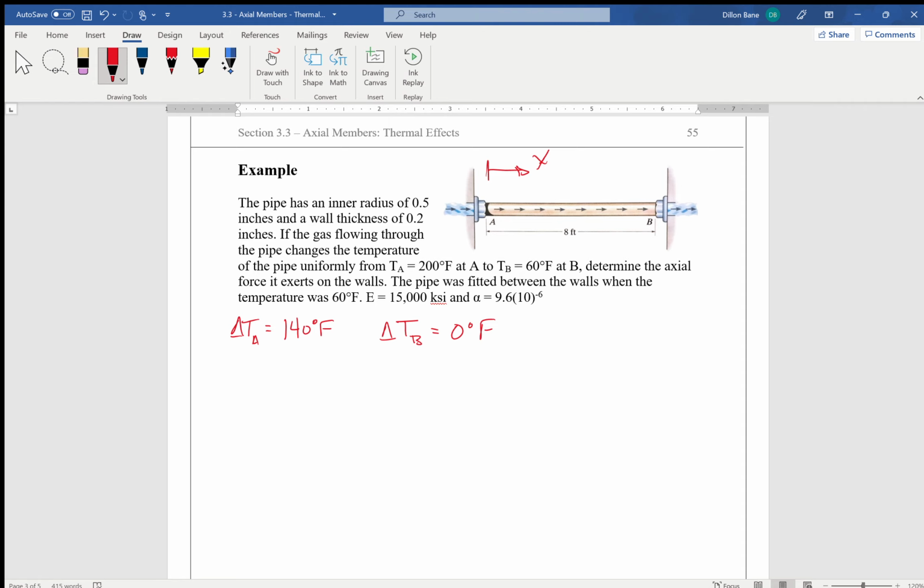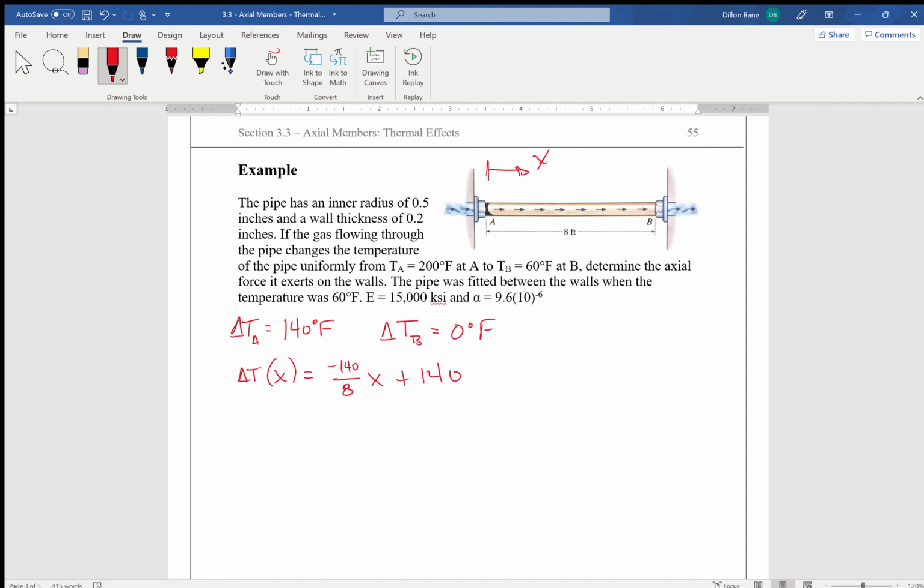So I need to figure out an equation for delta T. And I'm going to label it as delta T of X. Well, the change in delta T goes from 140 to 0 over 8 feet. So the slope, if you will, of the line that we're working with is negative 140 over 8 times X plus an initial value of 140.